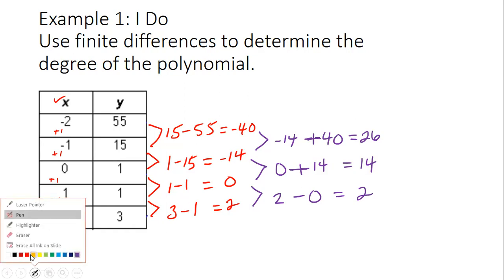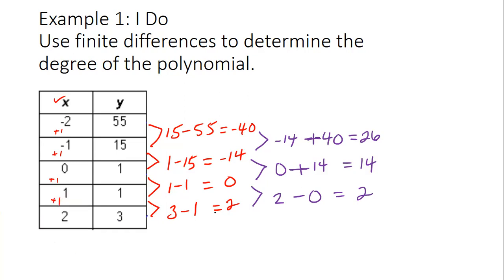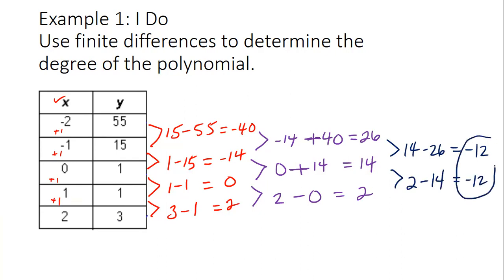Second difference, is it the same? No. So that means it's not quadratic. Now, what is 14 minus 26? Negative 12. What is 2 minus 14? Negative 12. Ding, ding, ding!